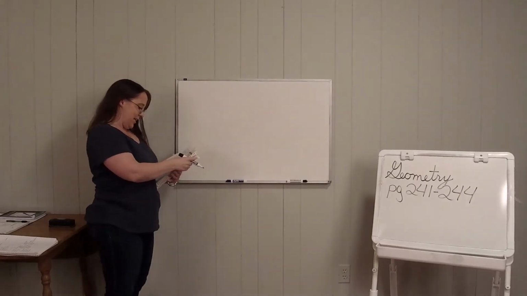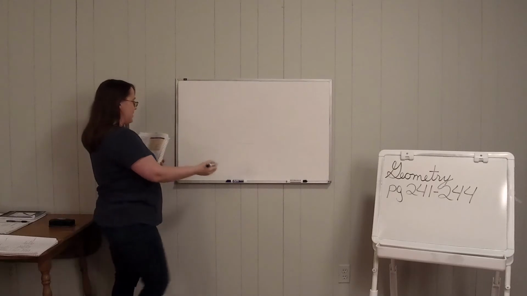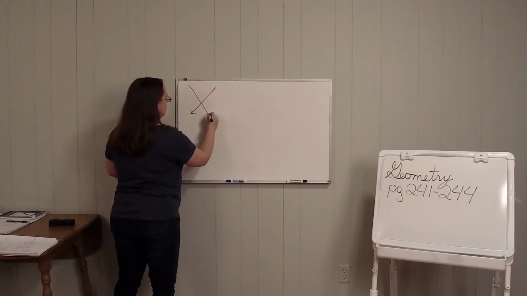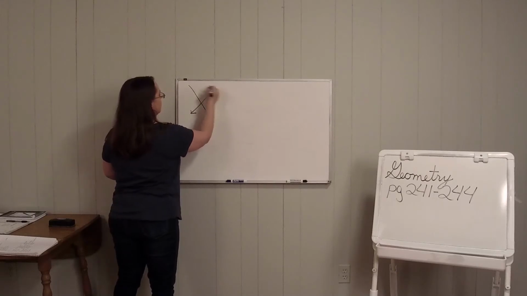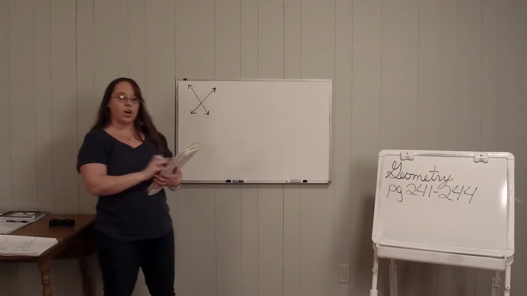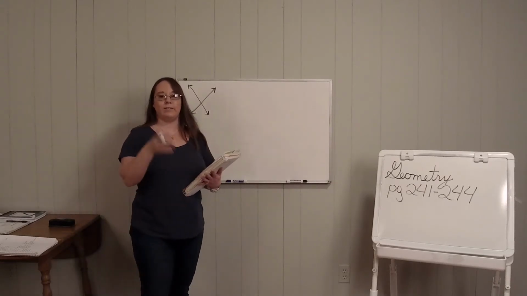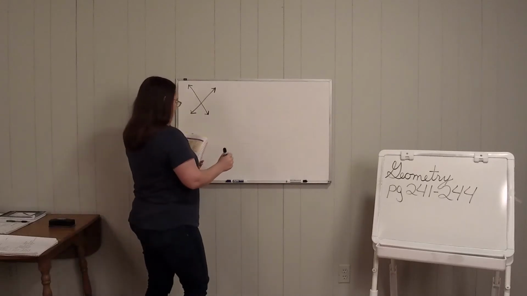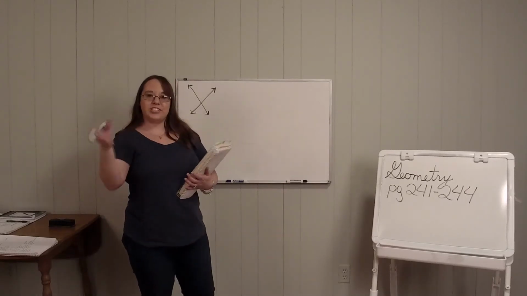Then you have intersecting lines. Intersecting lines are lines that cross each other at some point and only one time. Kind of, I think of like an intersection.